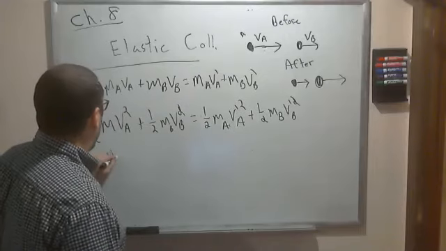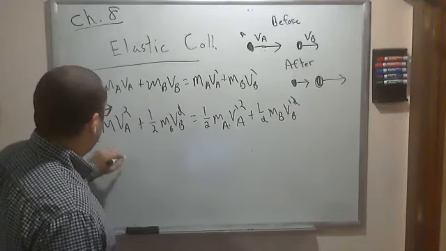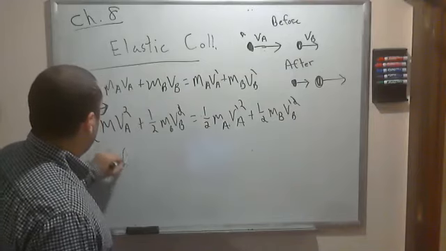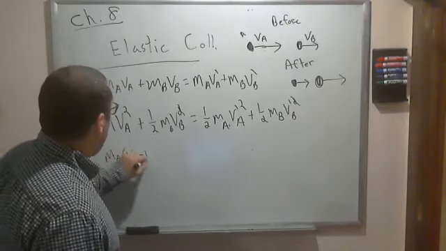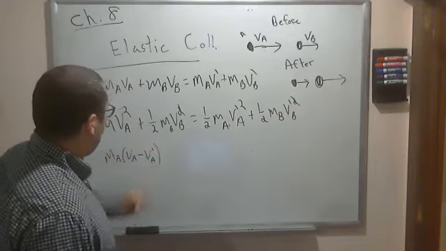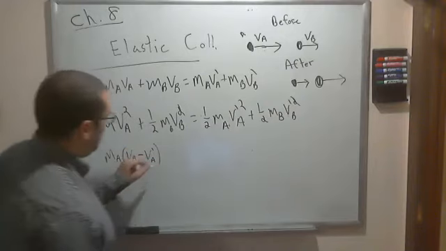So we have MA times VA minus VA prime after the collision.